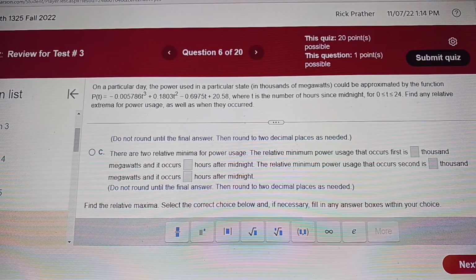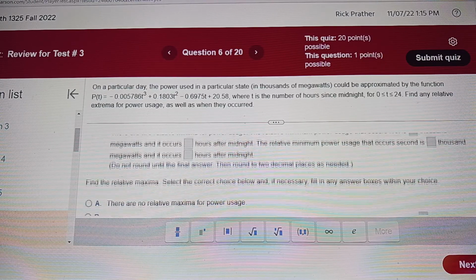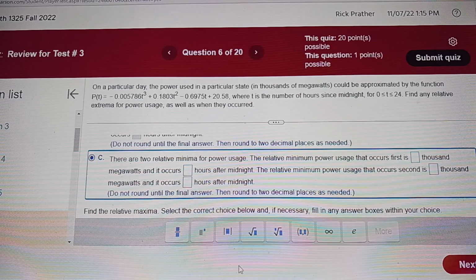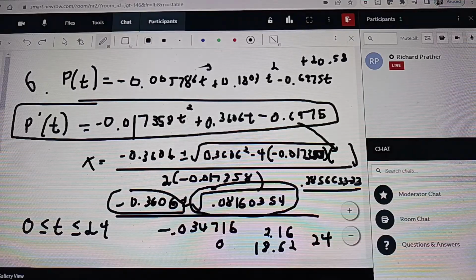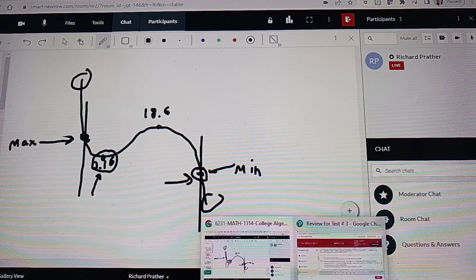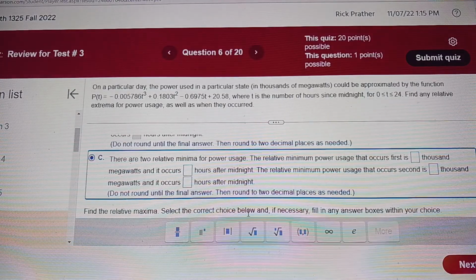Okay, so there are 2 minimum and 2 maximum. Okay, they're doing these separately. Okay, 2 minimum. One is the 2.16. That's really a relative minimum. And then the other one happens to be 24 hours into the process just because the power is dropping at that point.